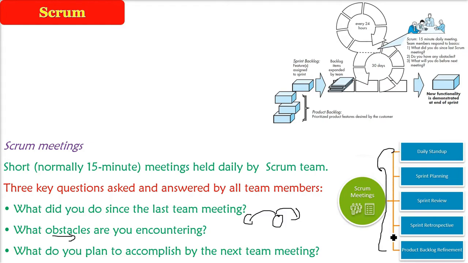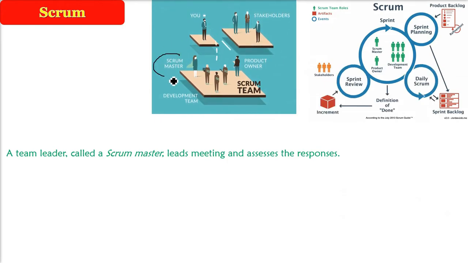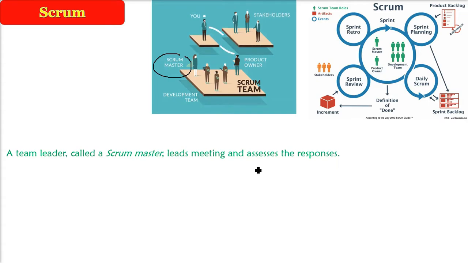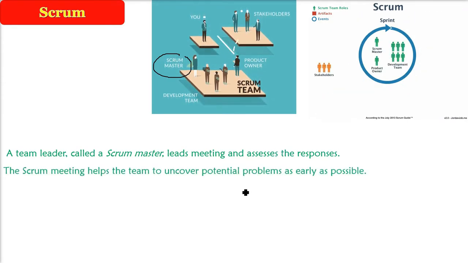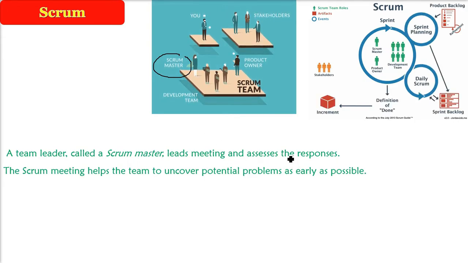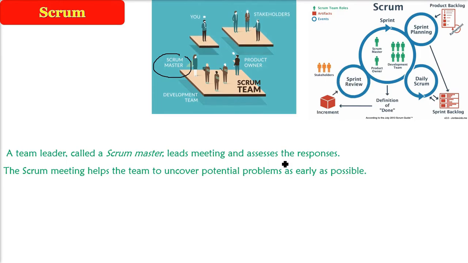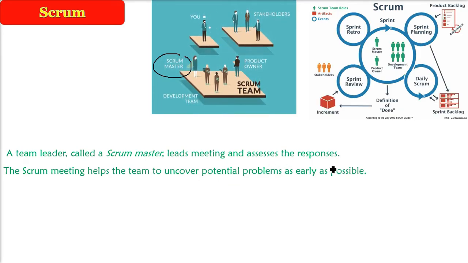So this is a casual meeting. The team leader, also called the Scrum Master, leads the meeting and assesses the responses and the problems the team is facing. This meeting is held because every problem has to be uncovered and solved as soon as possible. They don't want it to be propagated to the next day.